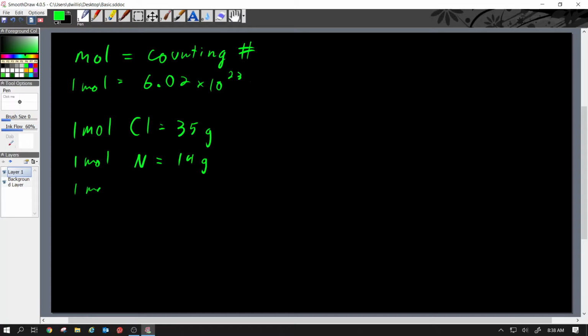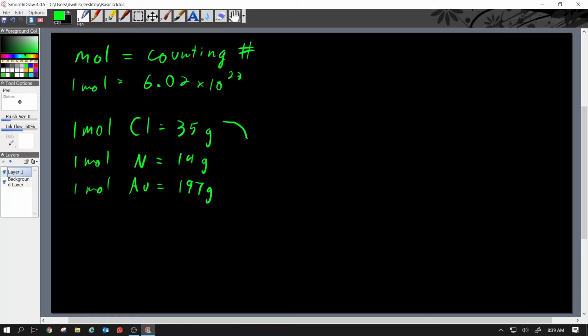And then 1 mole of, somebody pick a favorite element. Gold. All right. I like it. Hey, 1 mole of gold is, find it and tell me. 197 grams.